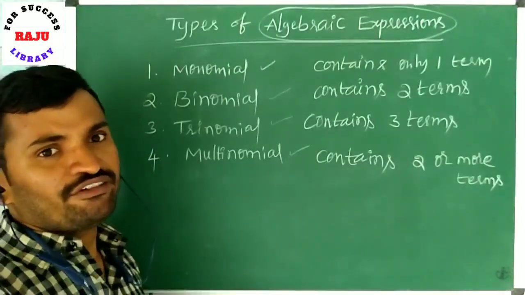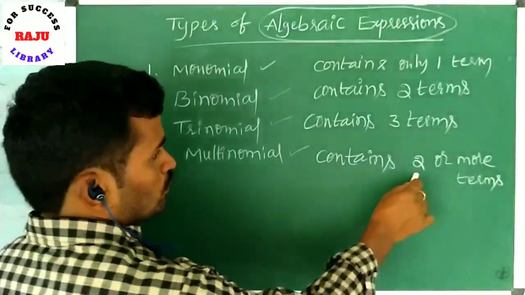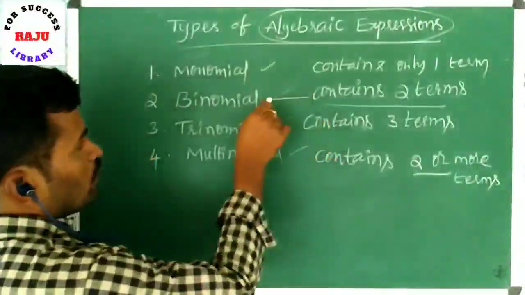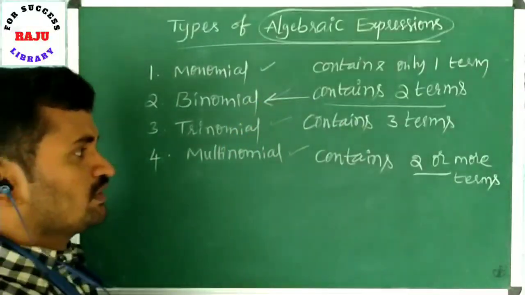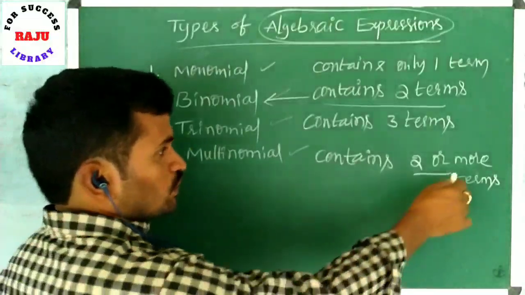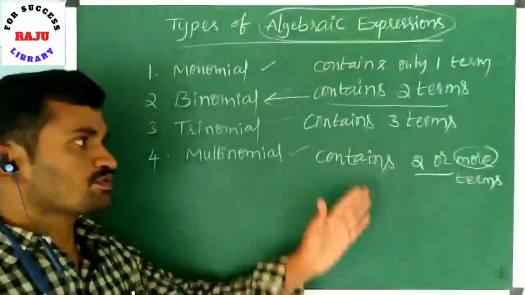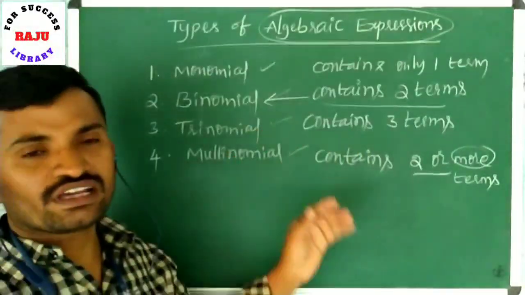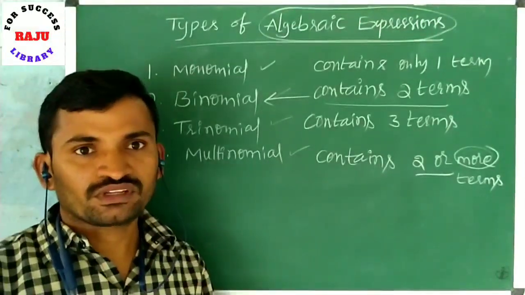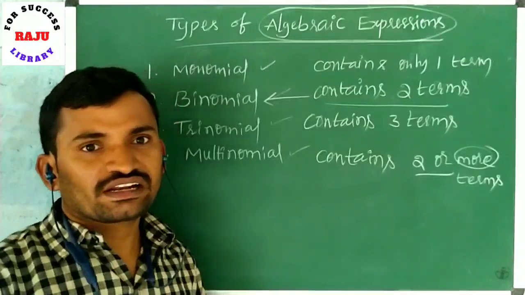You may have a doubt. If an algebraic expression contains two terms, then we call it a binomial. Sir, how can we call it a multinomial? See, two or more means what? Three terms means we call it a trinomial. Then how can we call it a multinomial? Yes, your doubt is exactly correct.